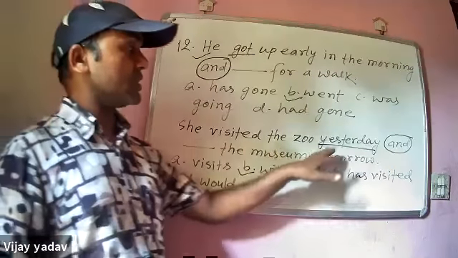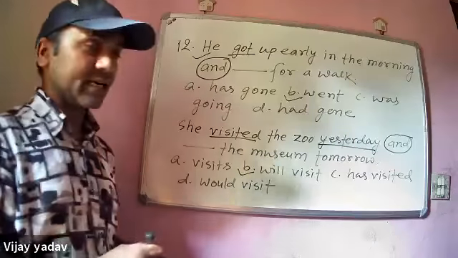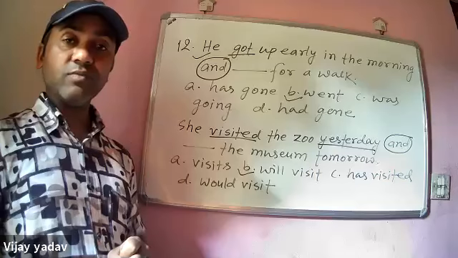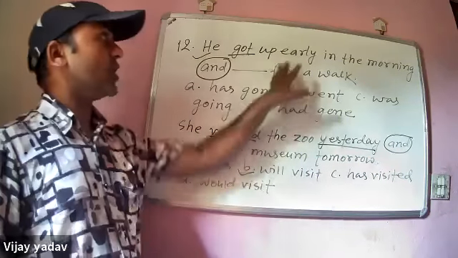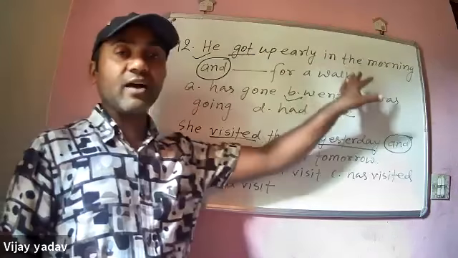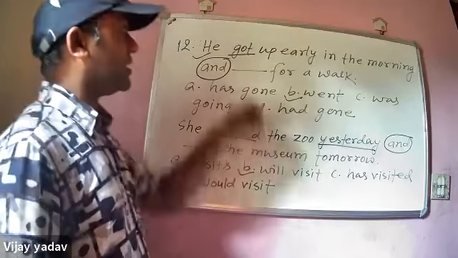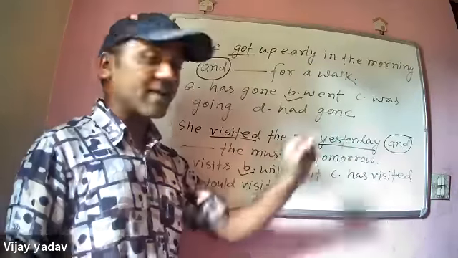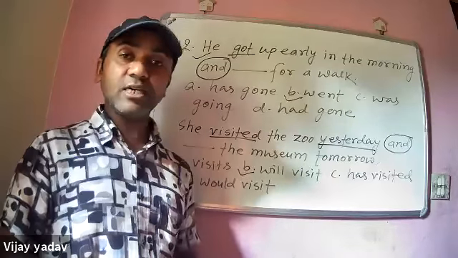In the first clause, yesterday is given, that's why simple past. And in the second clause, tomorrow is given, that's why simple future, will visit. It is clear. Here what we see, time adverbials are not given. That's why in both the clauses we use the same tense. But here time adverbials are given, then we use the tense according to the time adverbials. Is this clear to you?